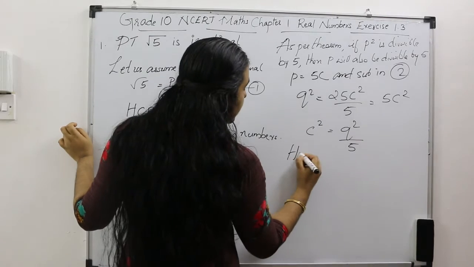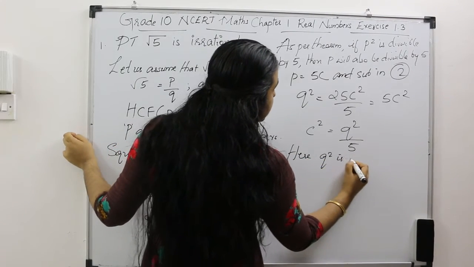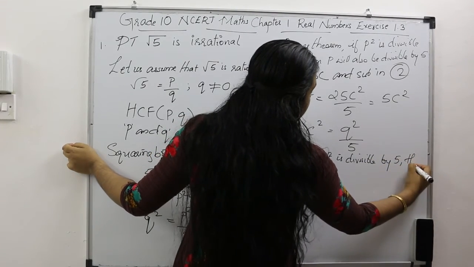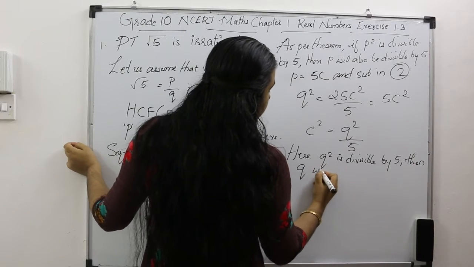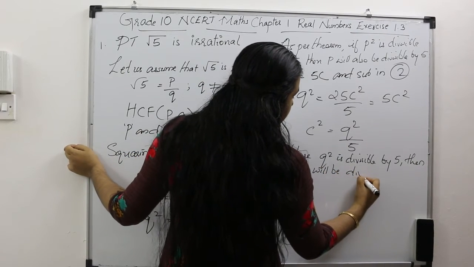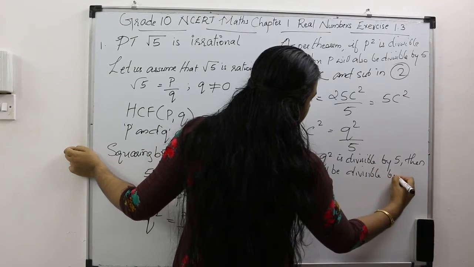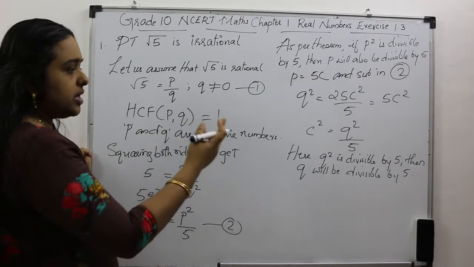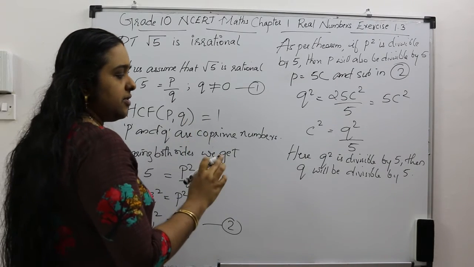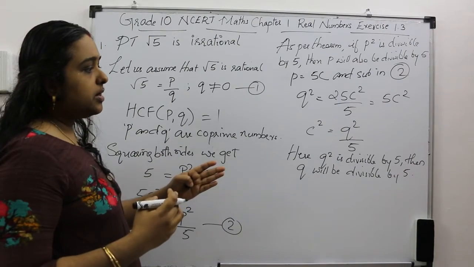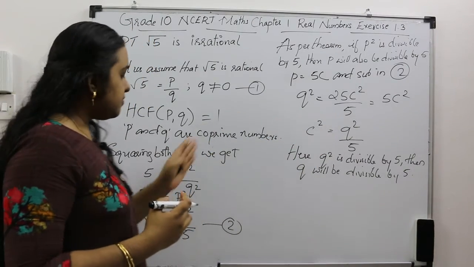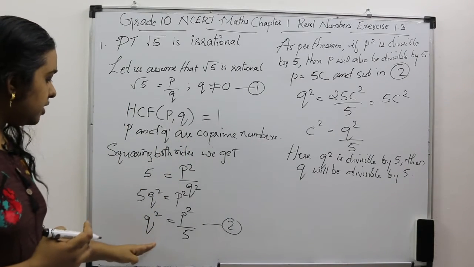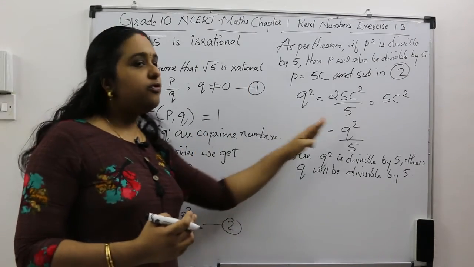If q square is divisible by 5, then q will be divisible by 5. Since p and q are co-prime numbers and the highest common factor is only 1, now we got that p and q are both divisible by 5.